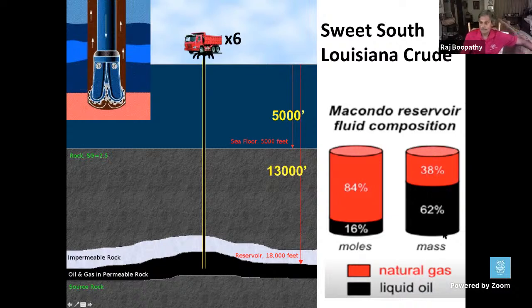The problem was the Macondo reservoir has high methane content. And there was some problem with the automatic shutoff valve that was not properly taken care of. So this methane built up and the methane blew up. As a result, we had a big explosion, and then there was no containment. So that's what happened. There was a lot of methane, natural gas, in this oil.